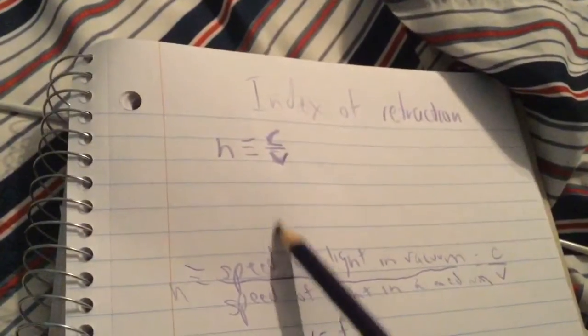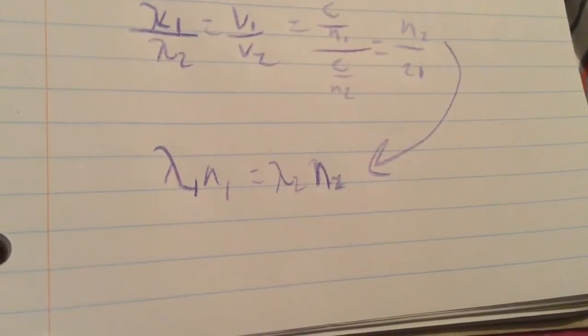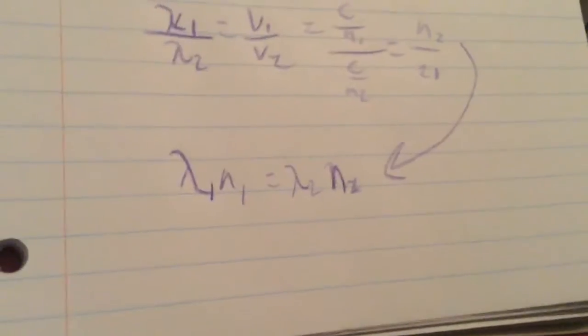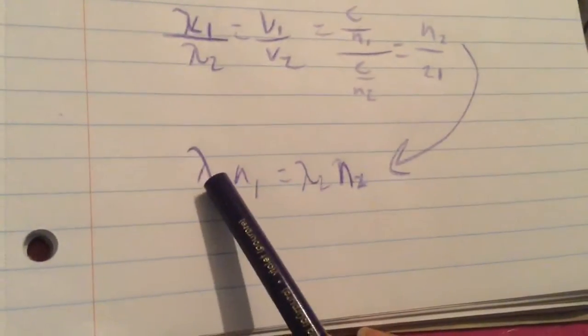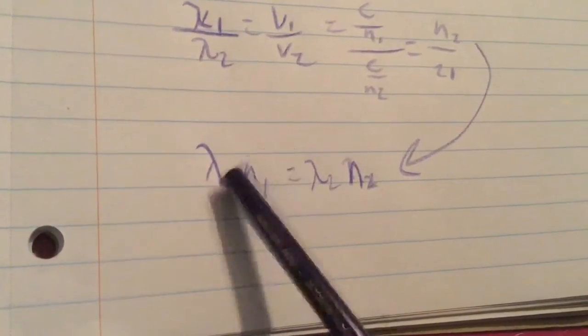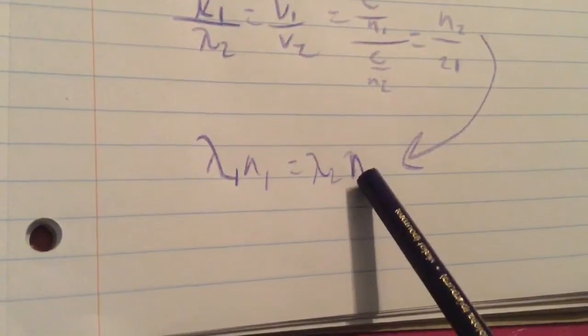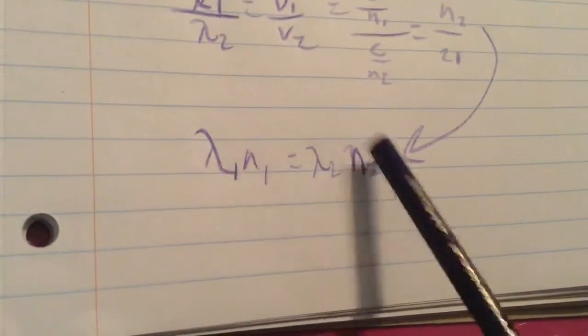With this principle and the index of refraction, we get lambda 1 times n1 is equal to lambda 2 times n2. This is saying that the first wavelength before refraction times the first index of refraction is equal to the second wavelength times the second index of refraction. There's a constant ratio between the two.